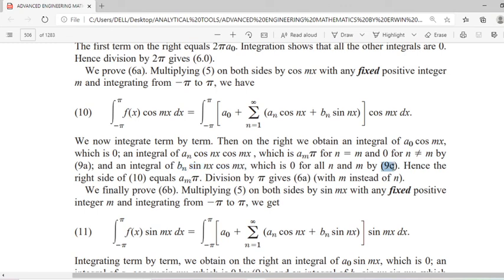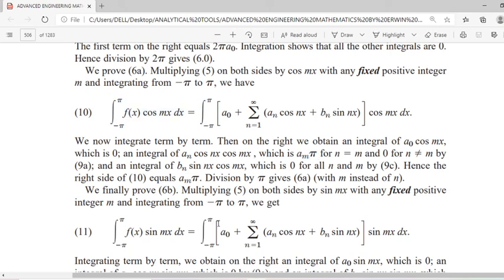Hence you will get an only. So am will be the integral of this divided by pi, because the right side is only am into pi. So am will be 1 by pi into the left side.